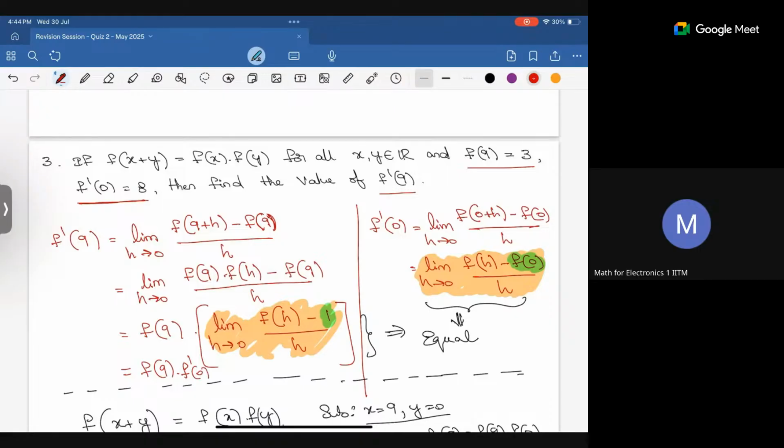We know f of 9 and we also know f prime of 0. Therefore, f prime of 9 will be 3 into 8, which is 24. So that will be the answer. Any doubts?